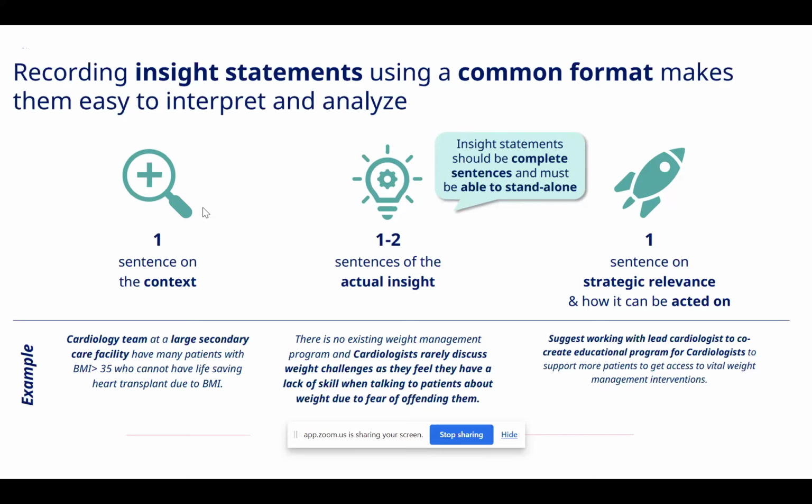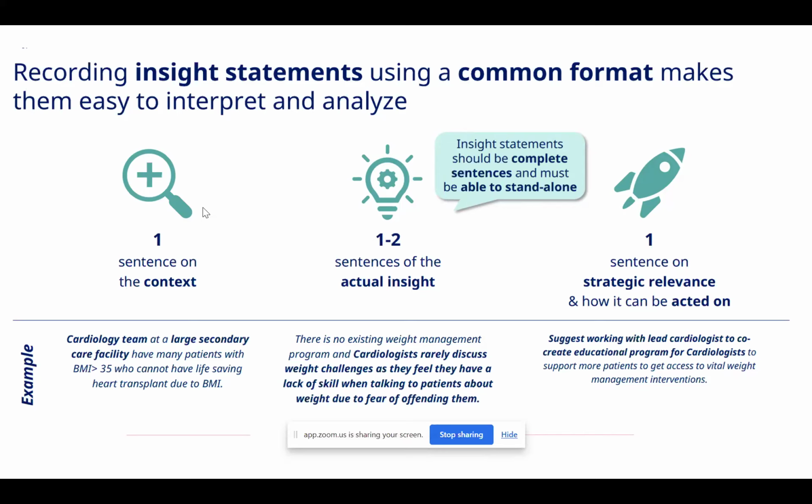To give you an example: cardiology at a large secondary care facility have many patients with BMI over 35 who cannot have a life-saving heart transplant because of their increased BMI. Now, the actual insight is that there is no existing weight management program, and cardiologists rarely discuss weight challenges, as they feel they lack the skill when talking to patients about weight, due to fear of offending them.